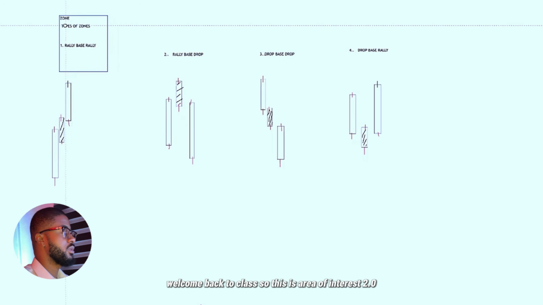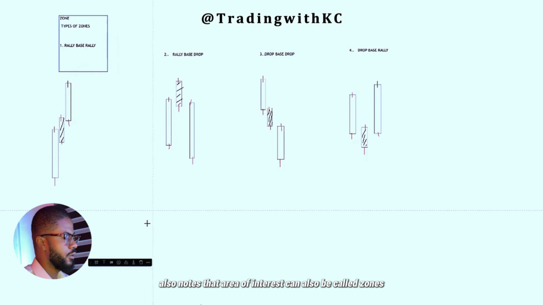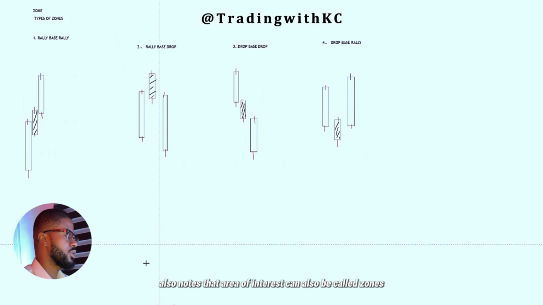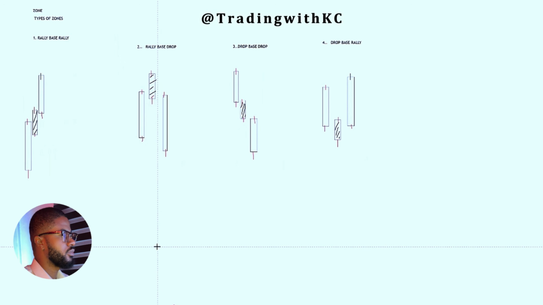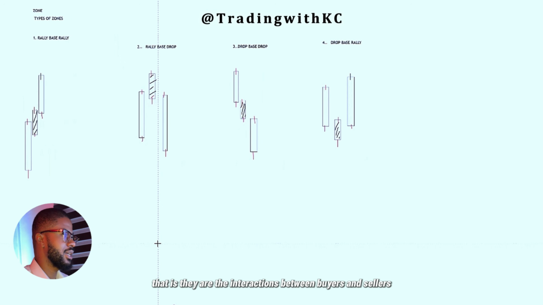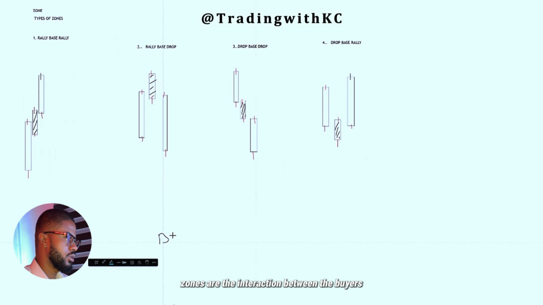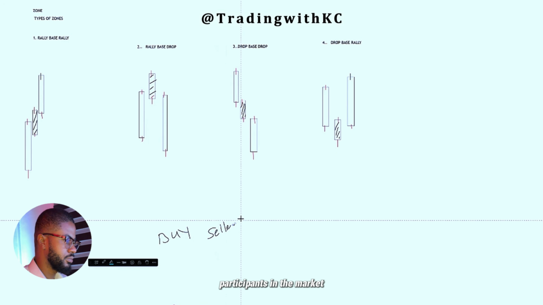Welcome back to class. So this is area of interest 2.0. Also note that areas of interest can also be called zones. Like I earlier said in area of interest 1.0, zones are places where you look towards buying or selling in the market. That is, they are the interaction between the buyer participants and the seller participants in the market.